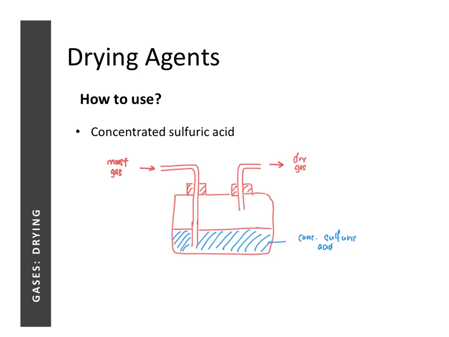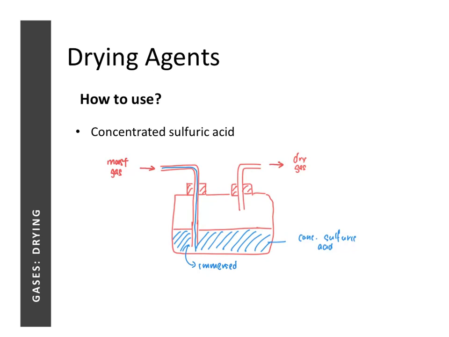Okay, so we're going to pass the moist gas through the delivery tube into the drying agent, which is concentrated sulfuric acid. Therefore the setup of the delivery tubes is very, very important. The one where the moist gas enters the chamber has to be immersed into the drying agent, otherwise the gas will not pass through the drying agent.